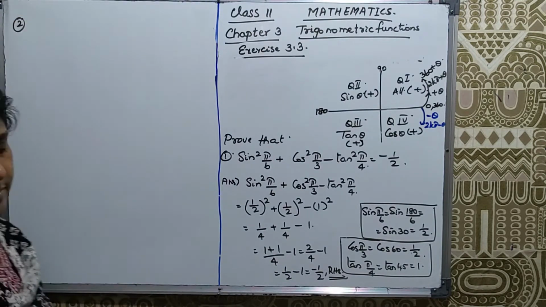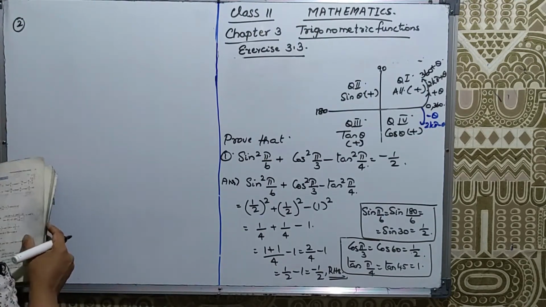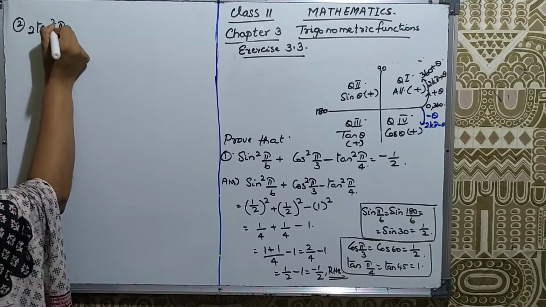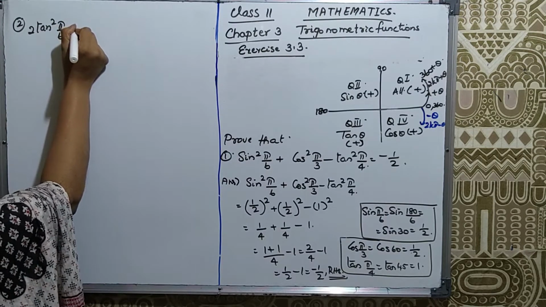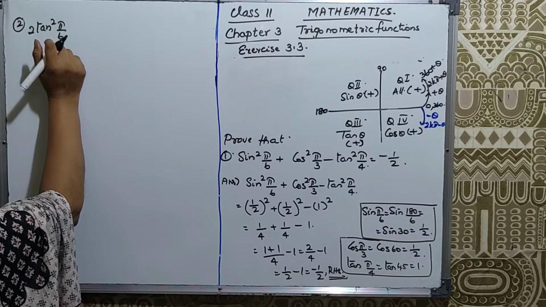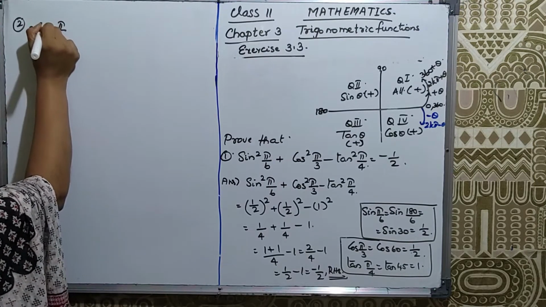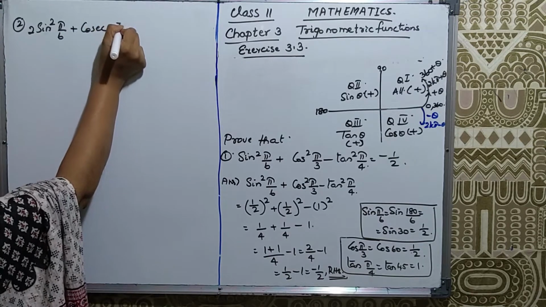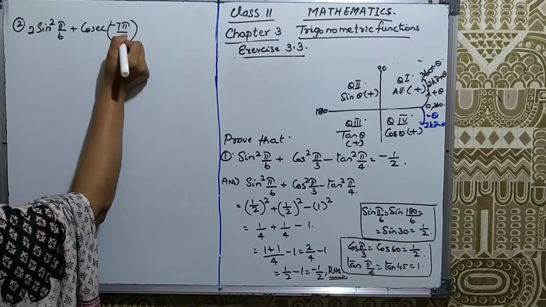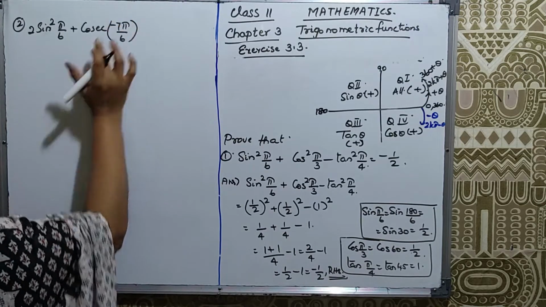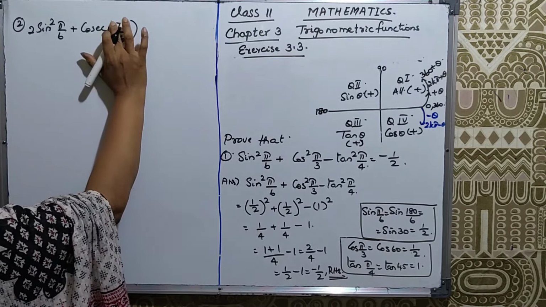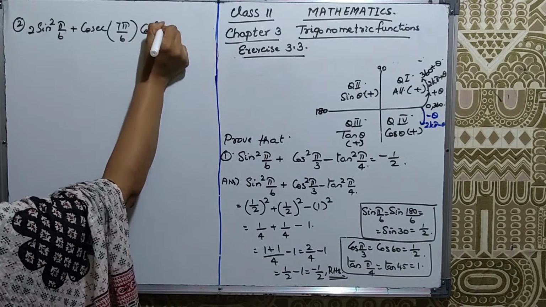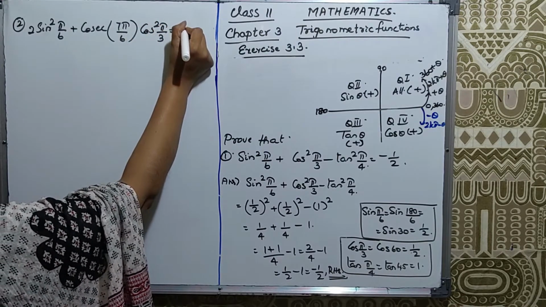Question number 2 is: 2 sin squared pi by 6 plus cosec squared 7 pi by 6 into cos squared pi by 3 equal to 3 by 2.